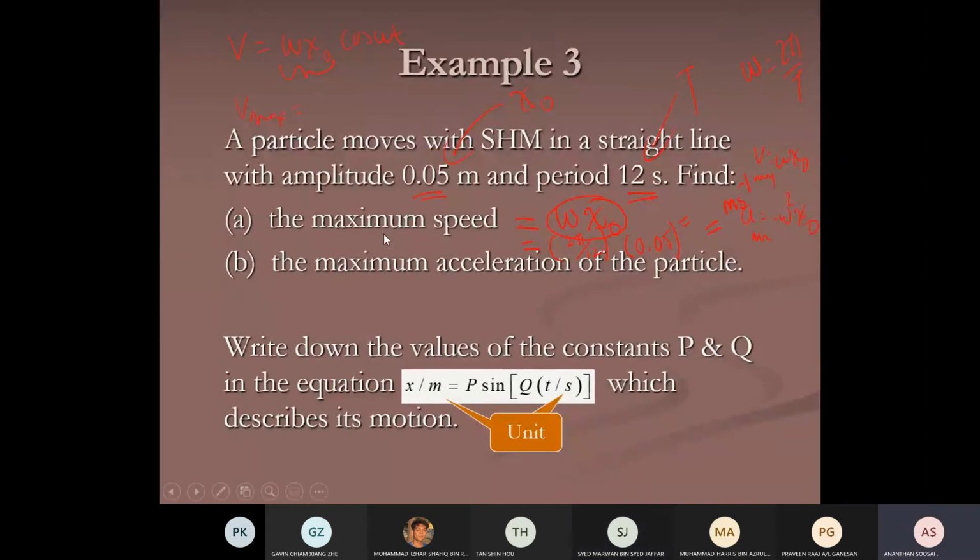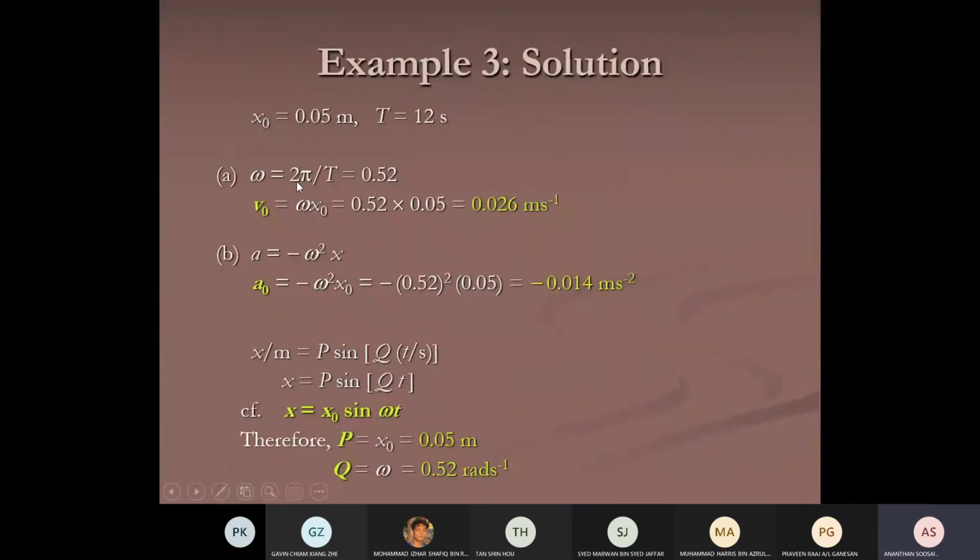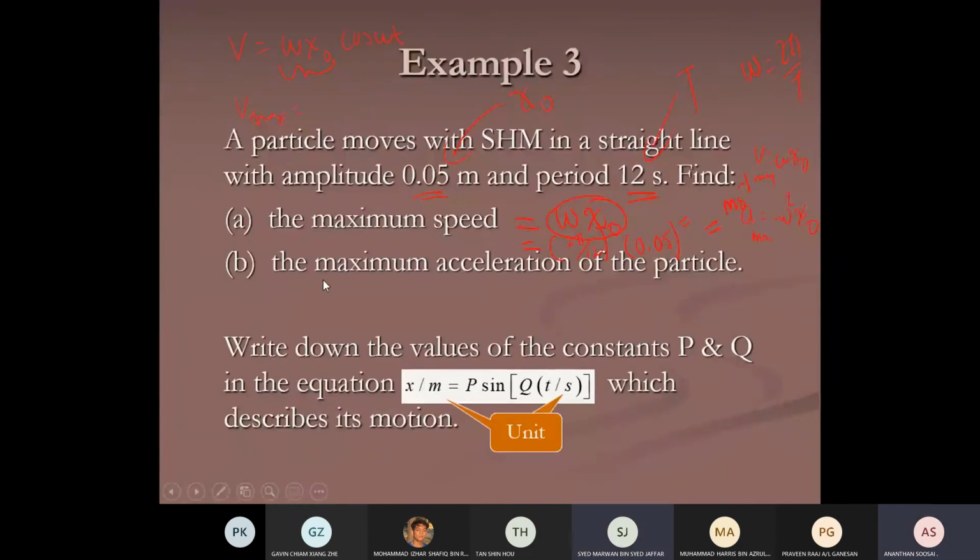Okay, next. So all of you calculated. So you should get this answer. The first one, V max is omega x naught, so you get 0.026 meter per second. Just omega x naught must come to your mind. Omega is 2 pi over t. Next, find the maximum acceleration of the particle.